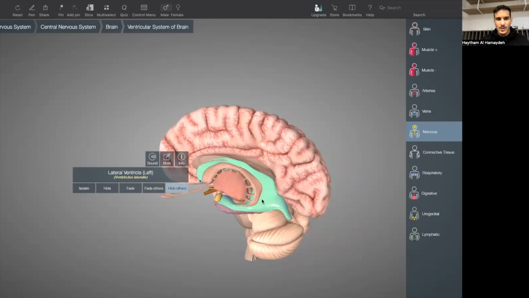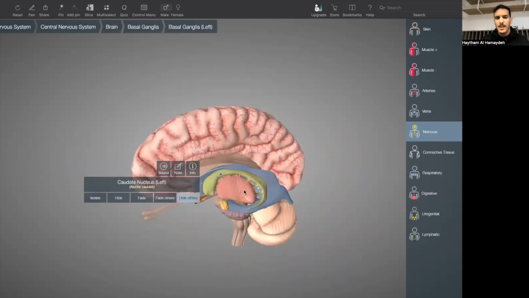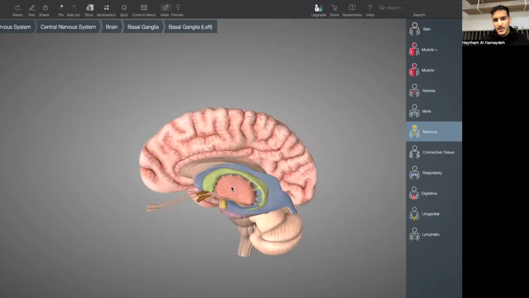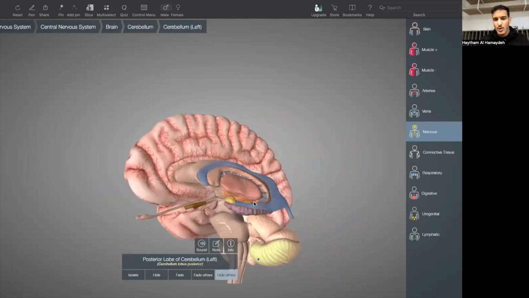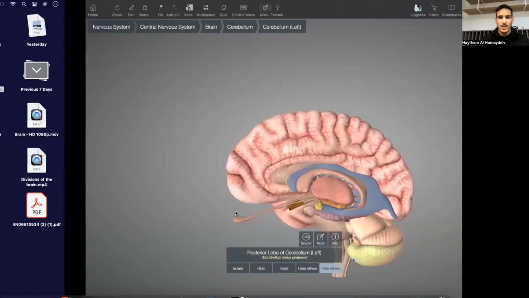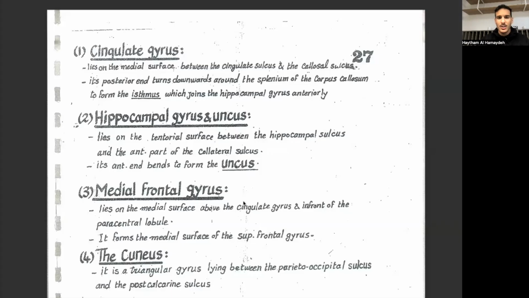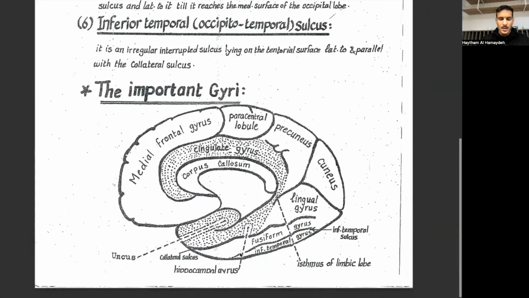All of those structures here are things like the ventricular system of the brain, the limbic system, and the basal ganglia. So these are the cerebellum as well. If you remove this as well, you will see the naked structure of the brain, or the medial aspect of it, just like you see here.